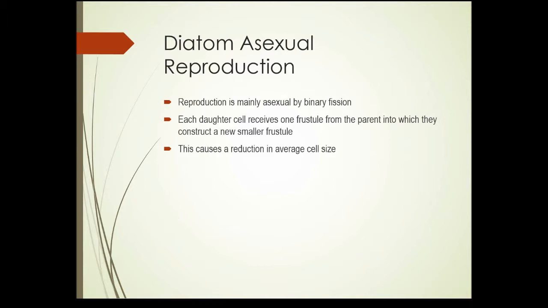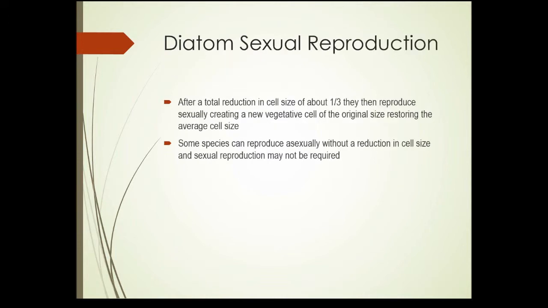As you can imagine, since the frustules can't grow, the average size of the cell of the diatoms is reduced each time they go through this binary fission. They have a solution to that problem.